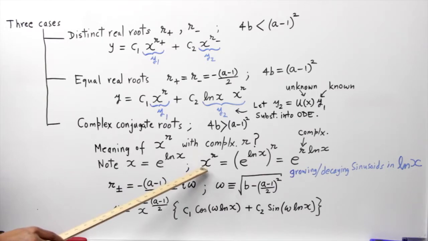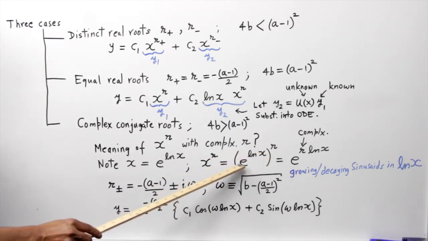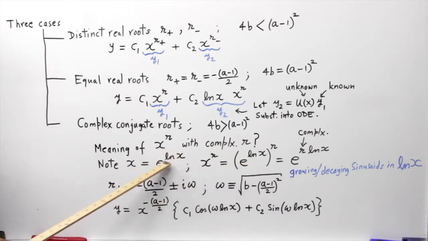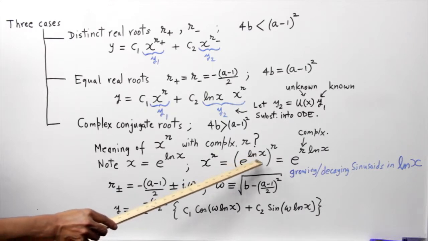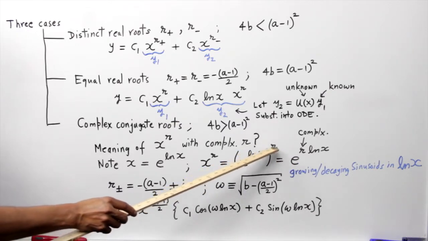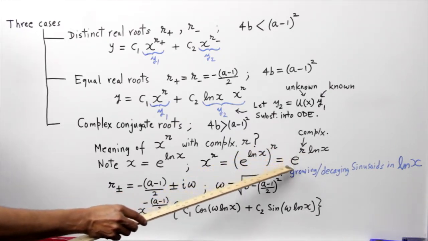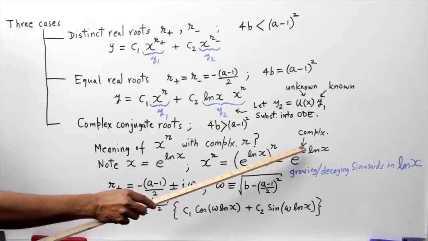And so therefore x to the r is simply x replaced by e to the log of x, raised to the power r. Then we know the rule for e to some power raised to some other power, with r going up here. So this is the exponential of r times log of x, and r is a complex number.